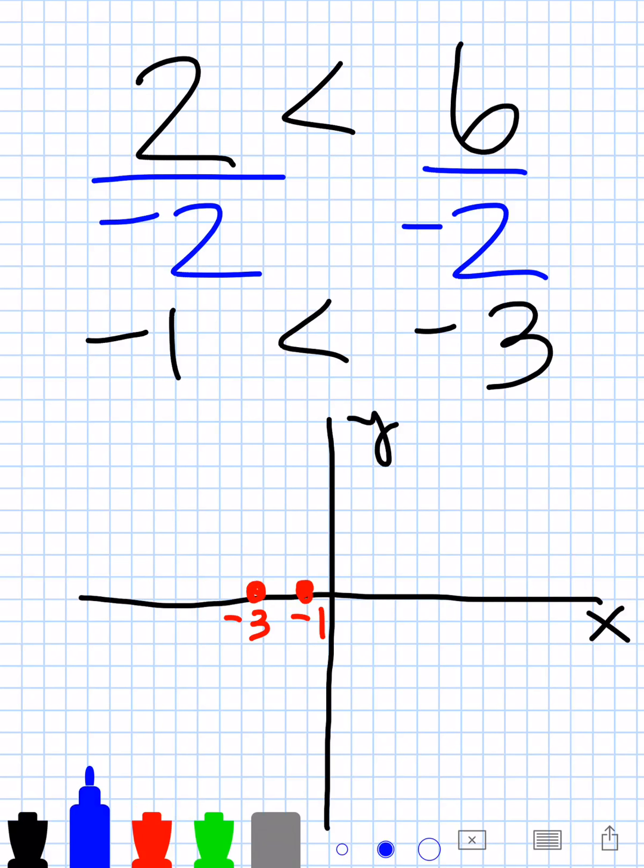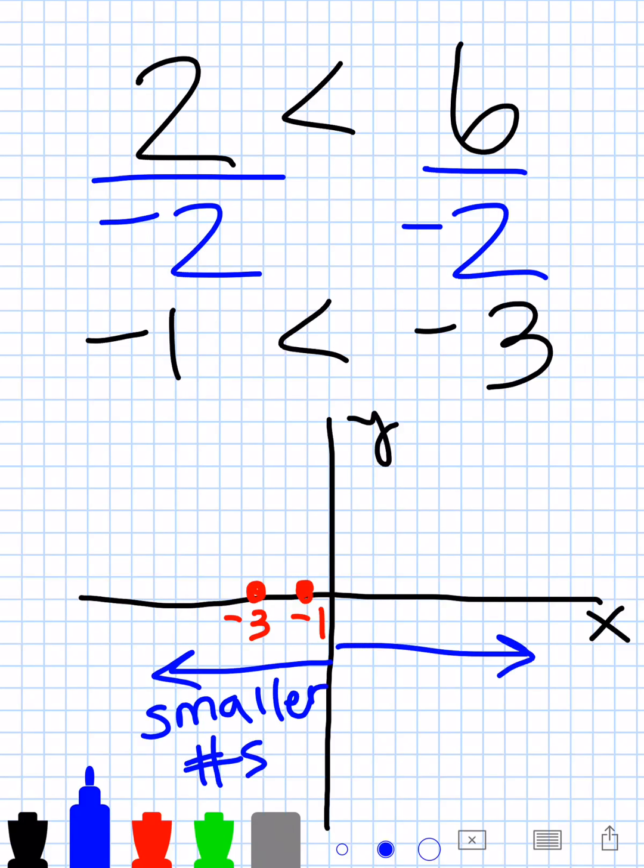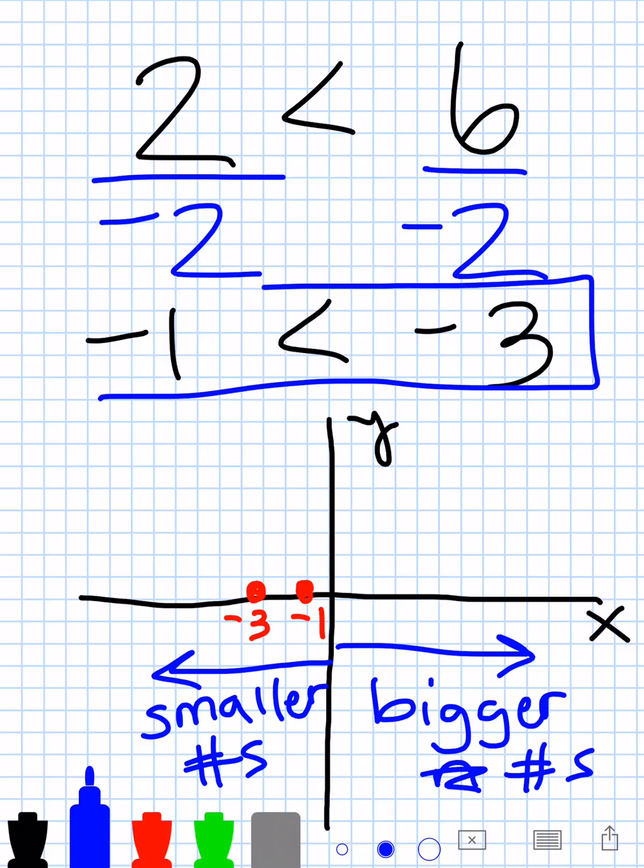Well, we know that if we're going to the left on the x-axis, we're going towards smaller numbers. But if we go to the right on the x-axis, we're going towards bigger numbers.